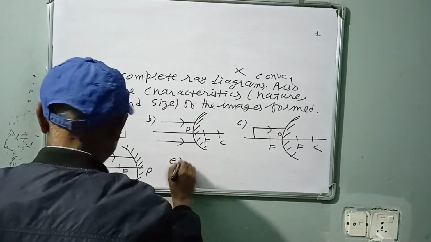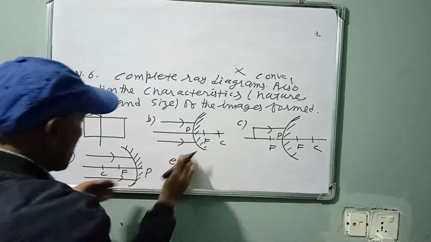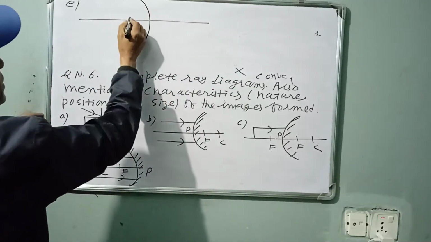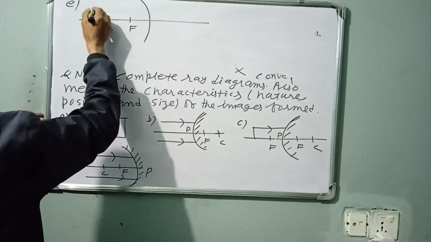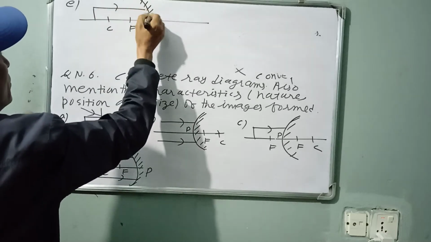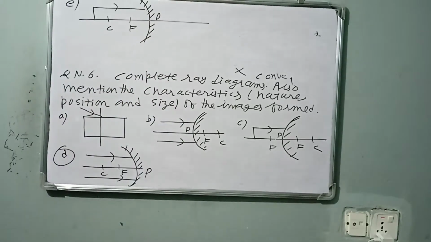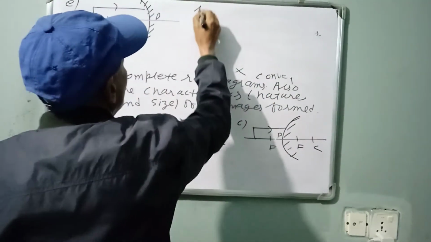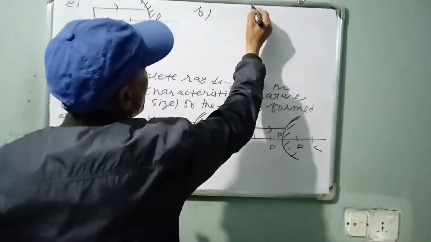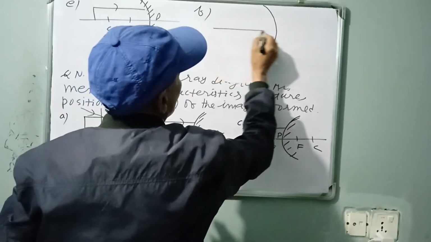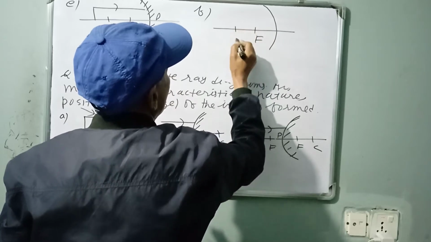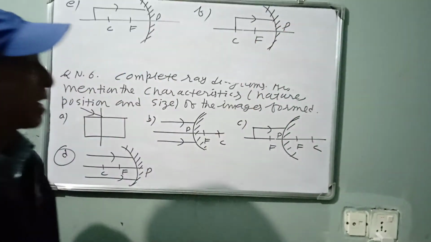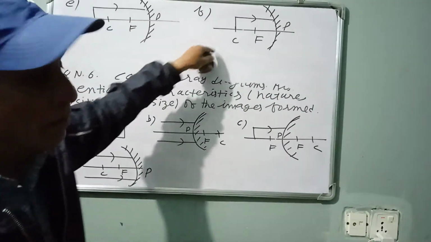E number, I write E number here. Concave mirror, principal axis, focus, C. Object beyond C or beyond twice F. E F. Object at twice F. F, C or twice F. Here object at C. Object at the center of curvature.